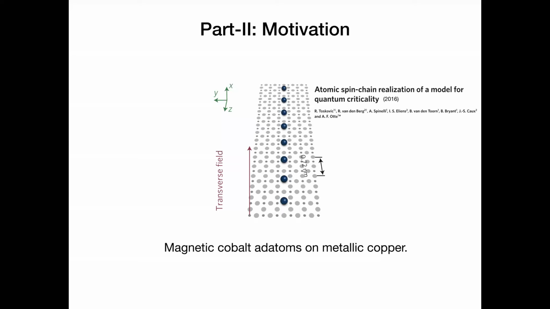There are these beautiful experiments where experimentalists studied cobalt atoms on metallic copper. Cobalt is magnetic, copper is a metal. So you can almost build Kondo lattices from scratch. This is also a designer Hamiltonian, but they are not trying to avoid a sign problem. They're really designing things in a true sense.